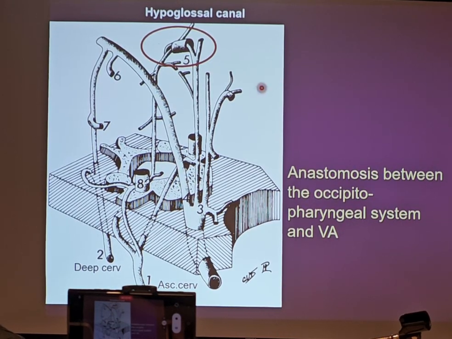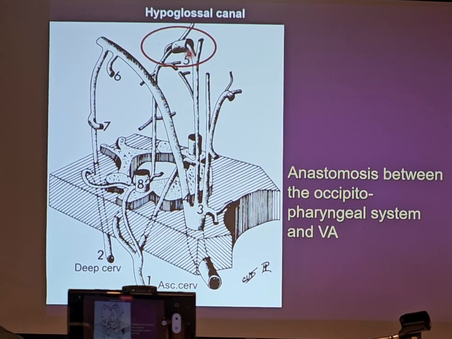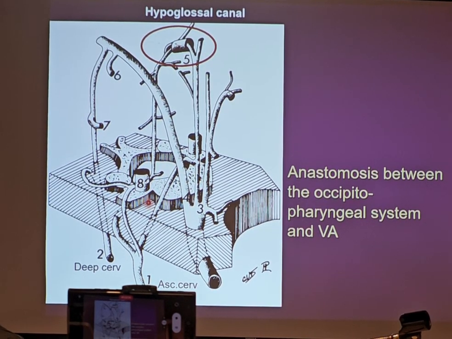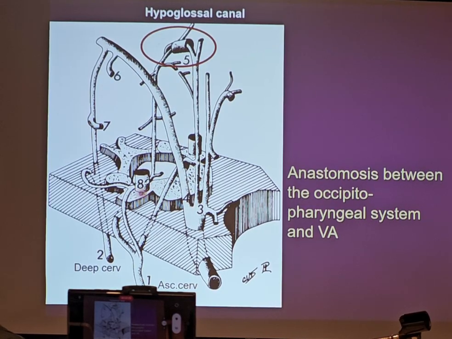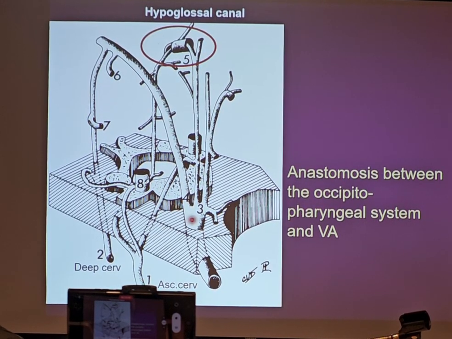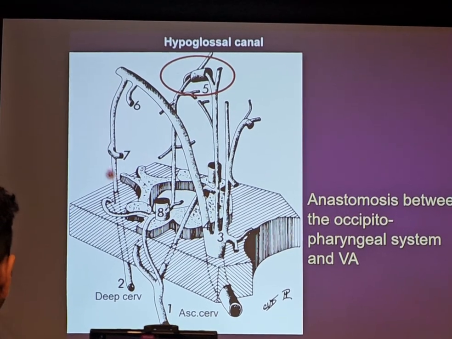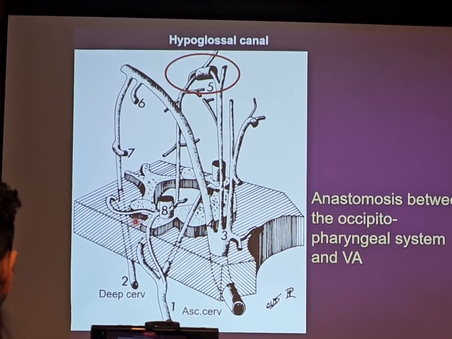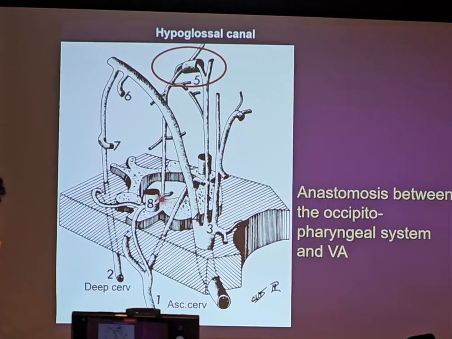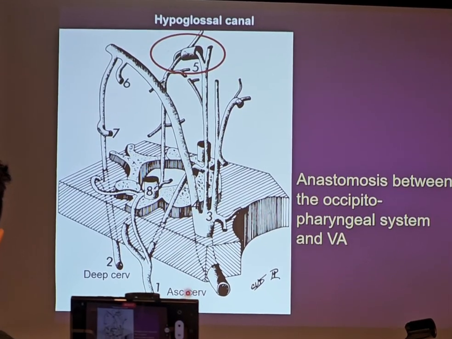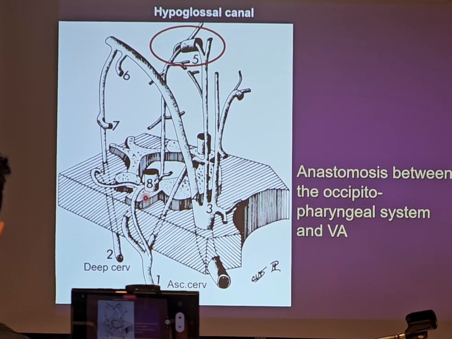And you know this is the pharyngeal branch, and this is the hypoglossal branch that goes through the hypoglossal canal, and you know that at the C3 level, it hooks into the vertebral artery. While at the occipital artery level, you have this cervical artery hooking also into the same level, approximately C3, as well as the ascending cervical.